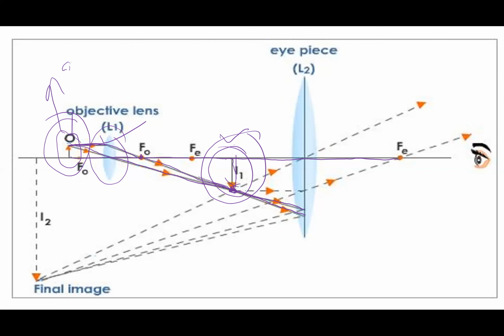From this, one light ray comes here and the other light ray comes here, and after refraction, these rays travel here. If you extend these light rays, they will meet at a point. This is the second image.